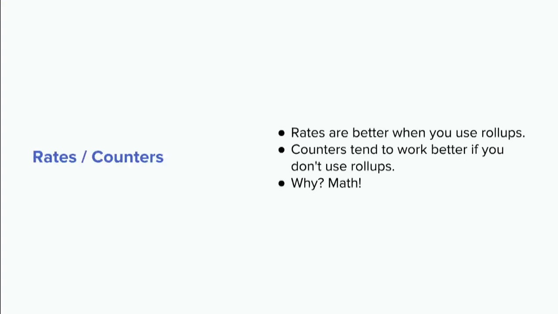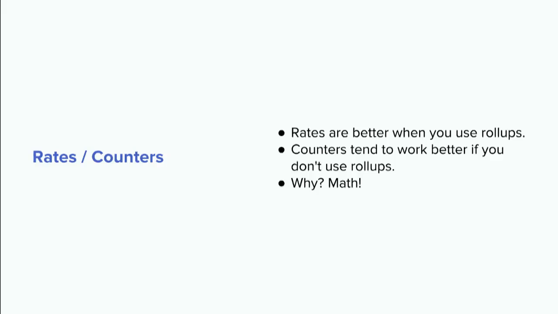There are some lessons we've learned as we've grown our system from a very small metric stack with just a handful of applications at Square to thousands of servers, hundreds of applications, and a service-oriented architecture. The first one is determining whether or not you want to use rates or counters. Rates are better when you use rollups. The math works better.